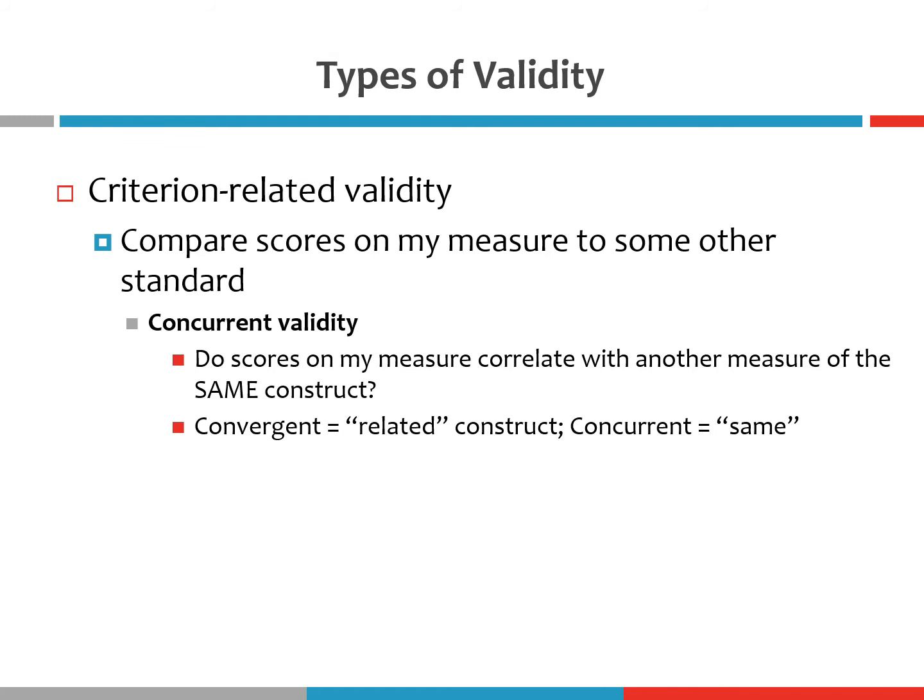Okay, so whereas convergent validity is looking at different constructs that are related to our construct, concurrent validity is looking at measurements of the same construct, or questionnaires that are looking at the same construct.